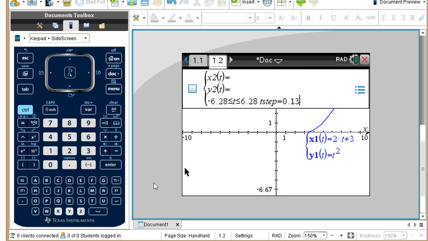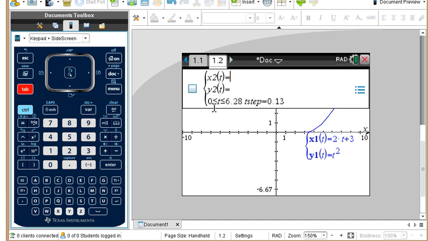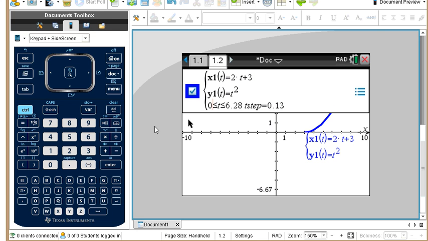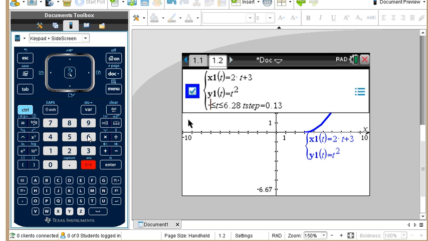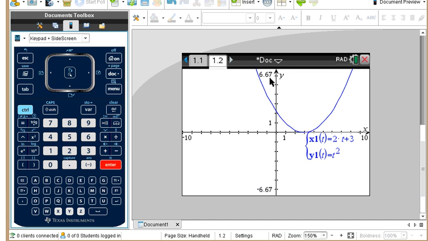Okay, looks like it's all there. Enter. And I'm not seeing it. It's somehow escaped. Change back. Yeah, there we go. Negative 6.28. There we go. Now we see the parabola. So this is the rectangular version of the parametric equation.